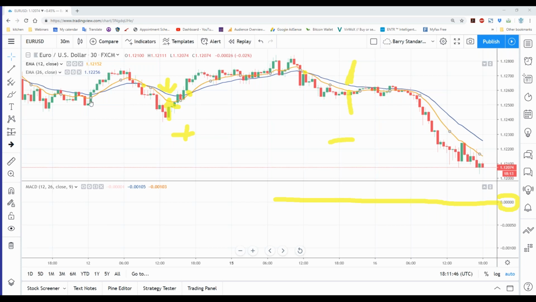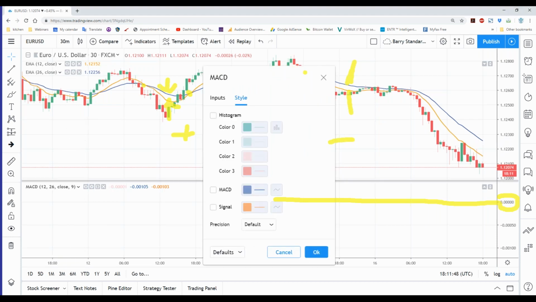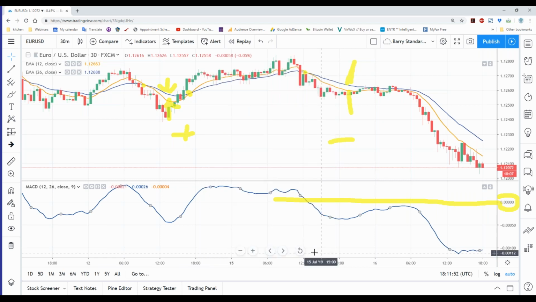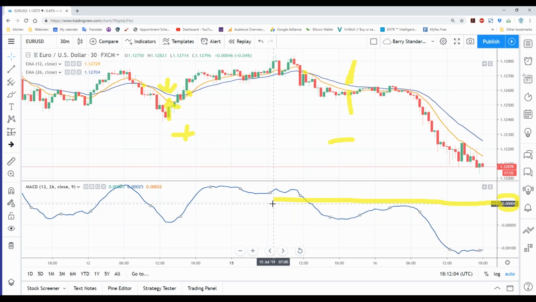Now we take the difference of these two lines and we plot it below, and it's called the MACD line. This is the blue line I just put on the bottom of the chart. And as you can see, when this blue line crosses above or below the zero line, it's equal to the difference between these two lines above or at the zero.